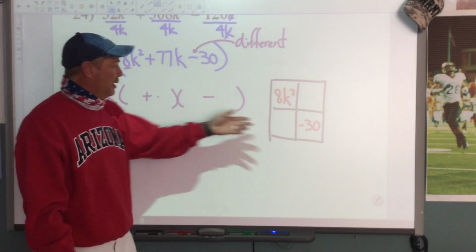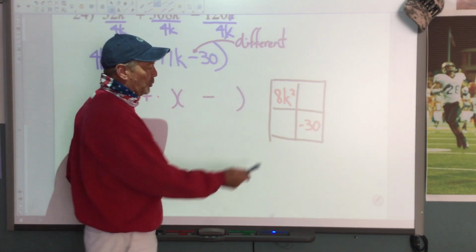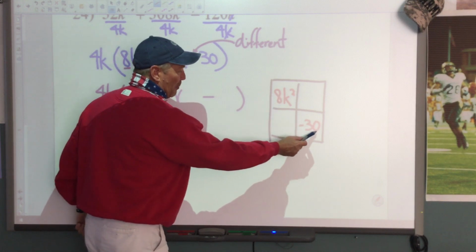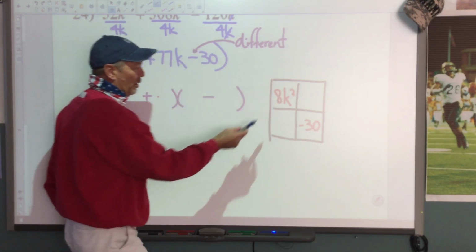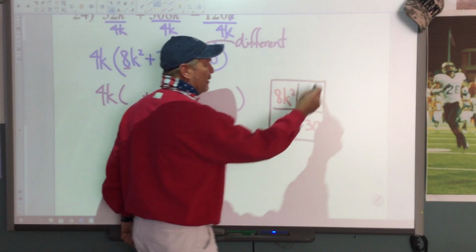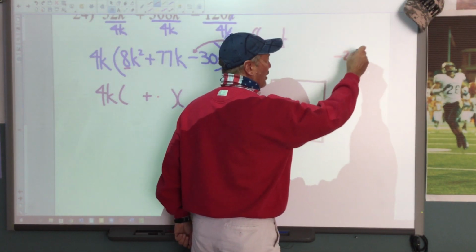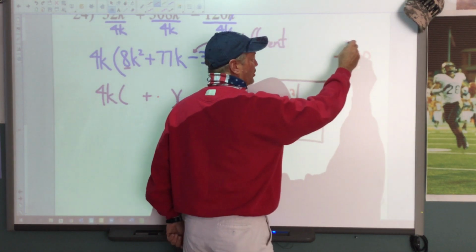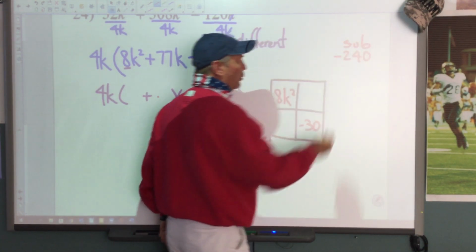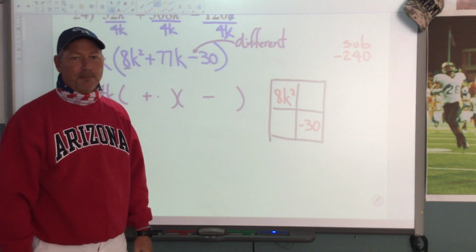I don't know what to put. So we're going to multiply this first coefficient and this back coefficient. 8 times negative 30 is a negative 240. And because it's a negative, we will subtract to find our combination.